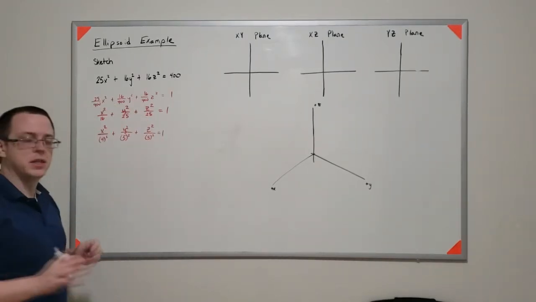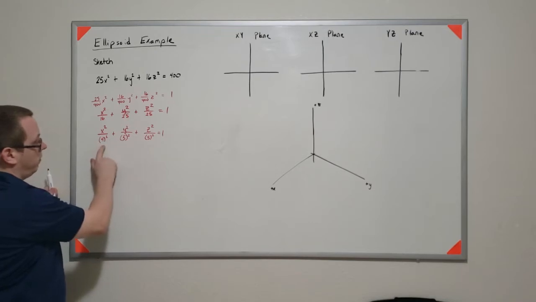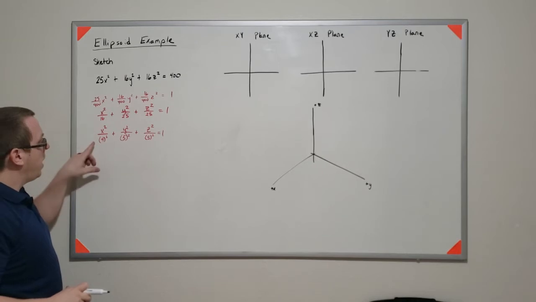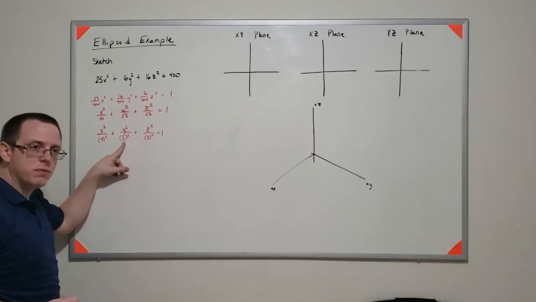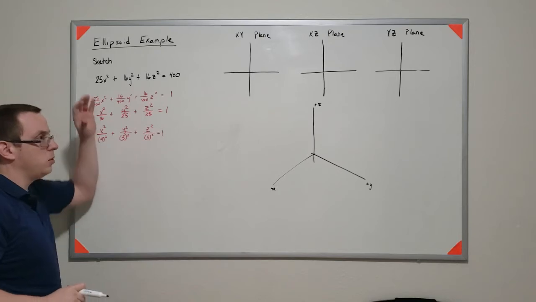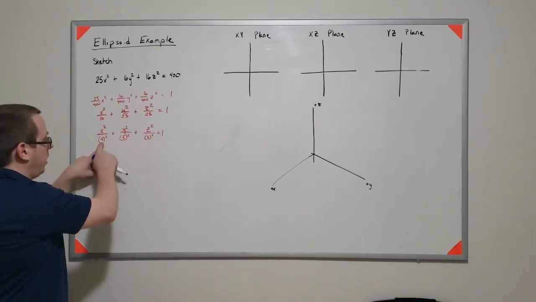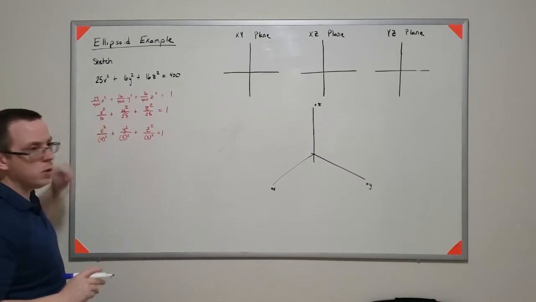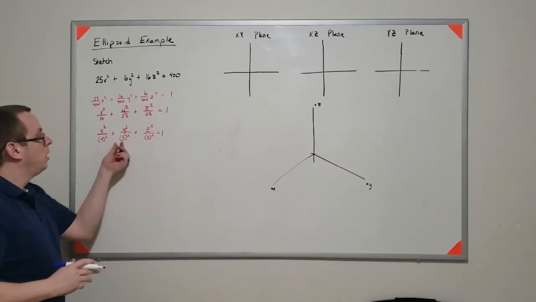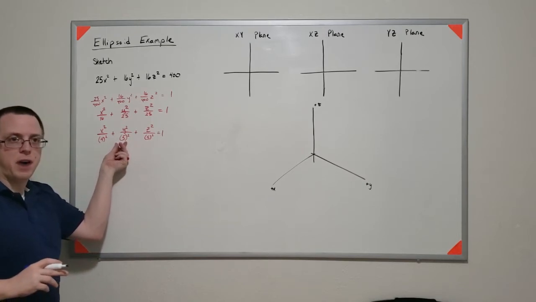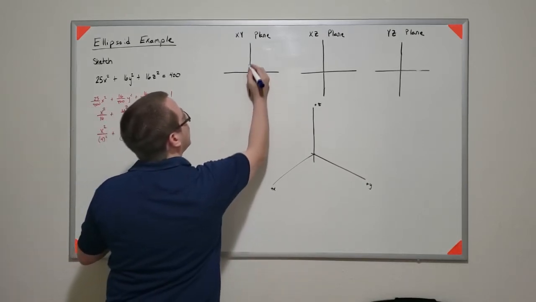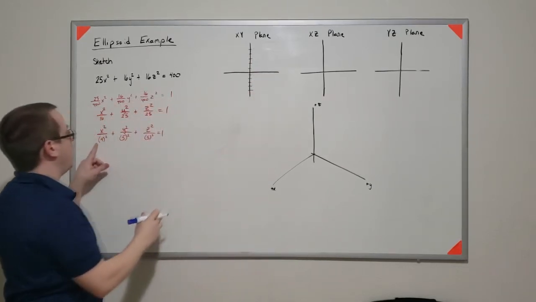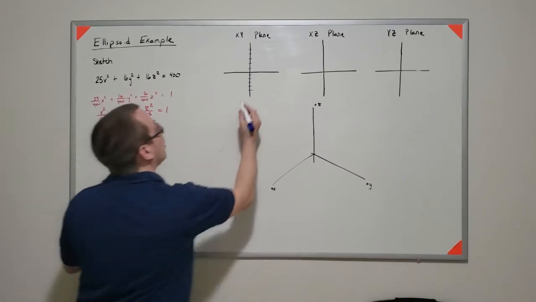So in the case where z is 0, we have these two values equal 1. And the semi-major axis is going to be 2 times that, so the length of that is 10. And the semi-minor length of that is 8. So that tells me, if you remember how to construct ellipses, that y will go from -5 to +5, and x will go from -4 to +4.